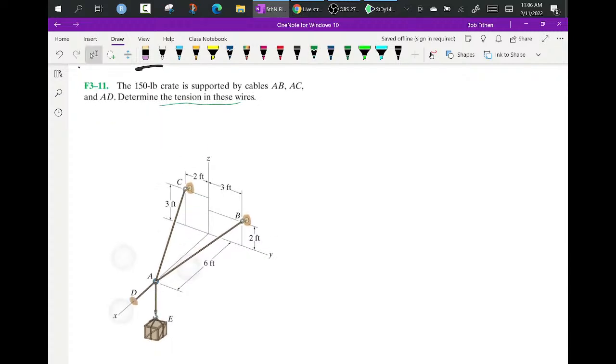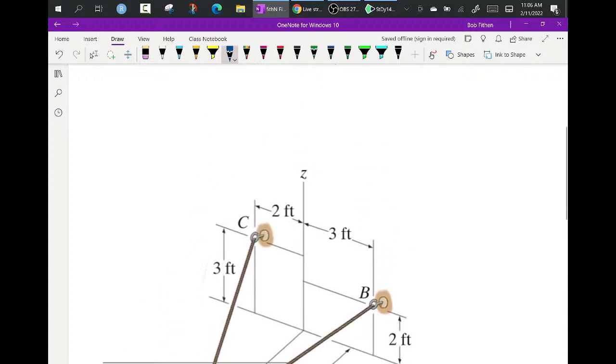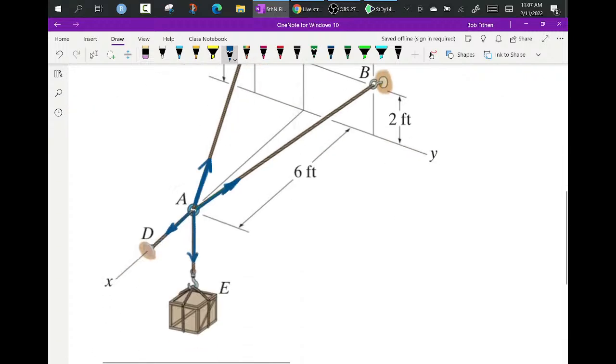So what I'm going to do is notice that essentially we've got a tension running back this way, possible tension running back this way, and one running that way. And this thing is 150 pounds.